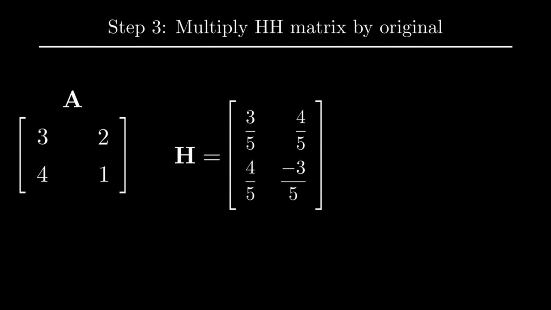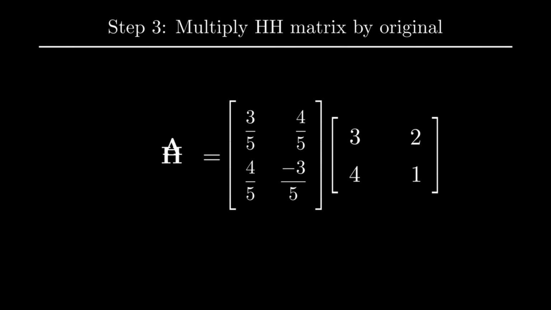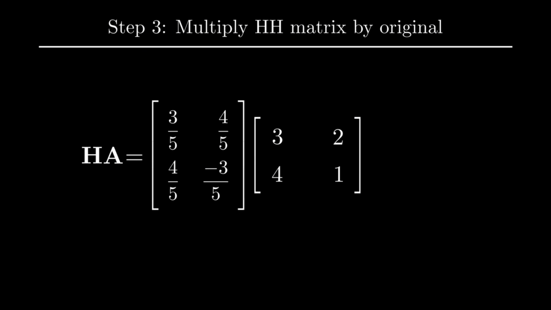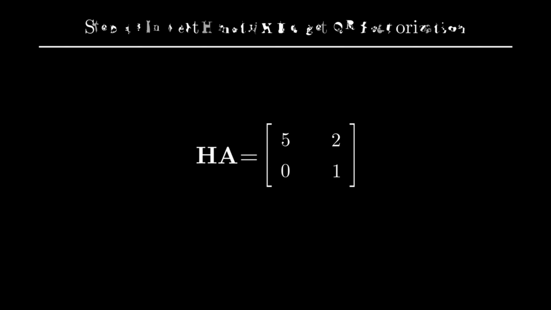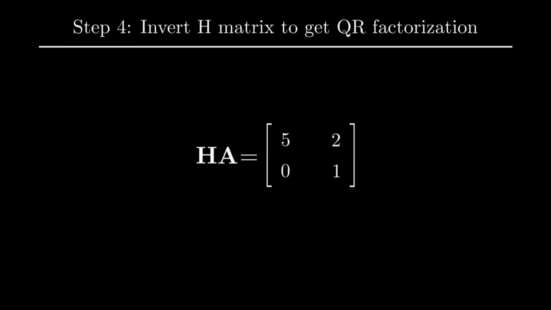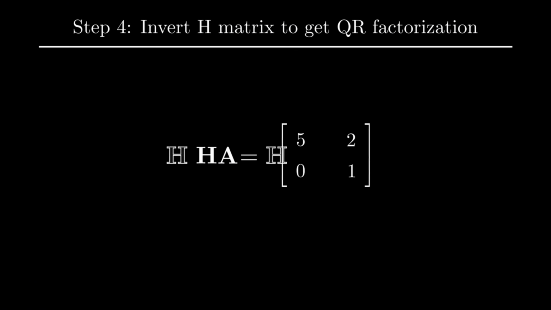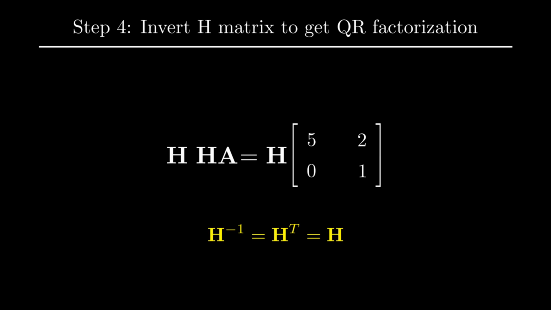Now, if we multiply this Householder matrix by our original matrix, we can see that the second element of the first column becomes 0. Now finally, to find the QR factorization, we will have to invert H so we can isolate our original matrix A. Since H is orthogonal, its inverse is simply its transpose. And as we discussed in the last video, the Householder matrix is also a symmetric matrix. So this simply means that its inverse is itself.